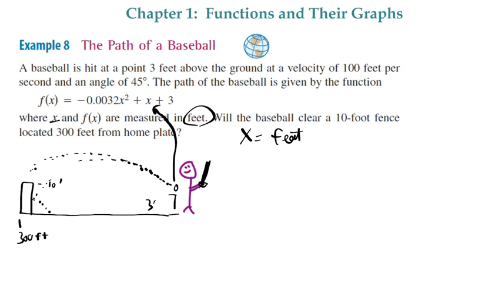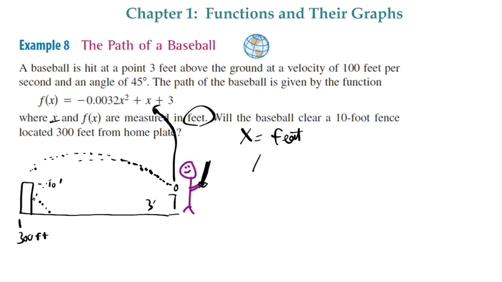Okay, so if we think about this, we want to know, where is this ball going to be after 300 feet, right? Will the ball be 20 feet above the ground, 9 feet above the ground? Because depending on how many feet it is from the ground, we're going to be able to tell if it's going to be able to clear a 10-foot thing.